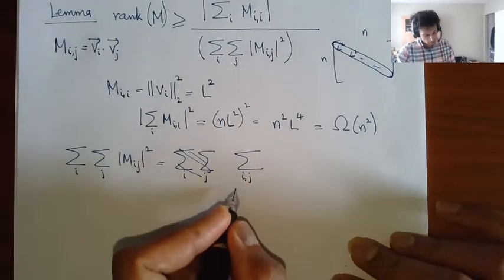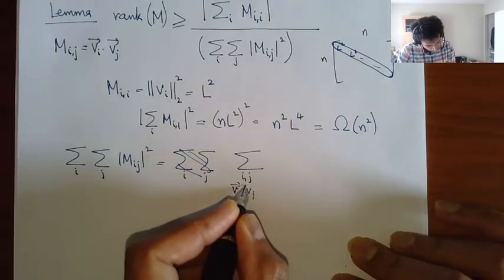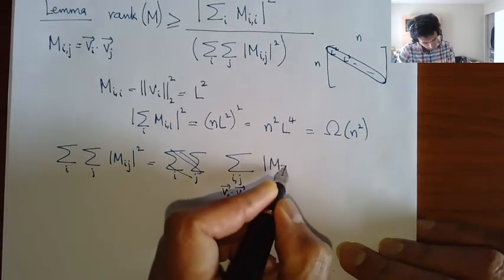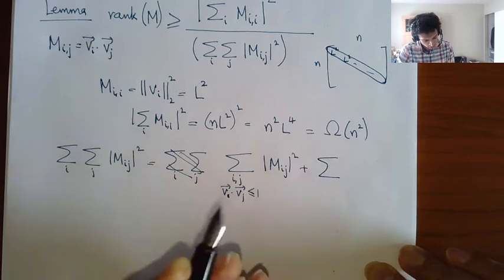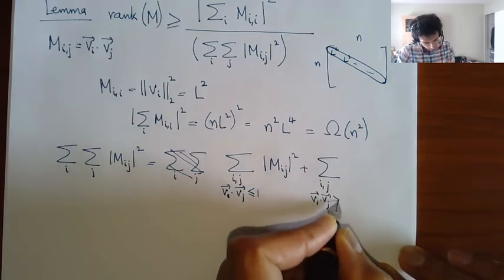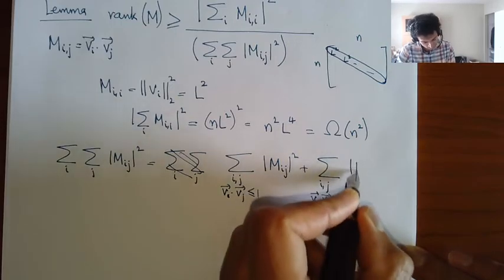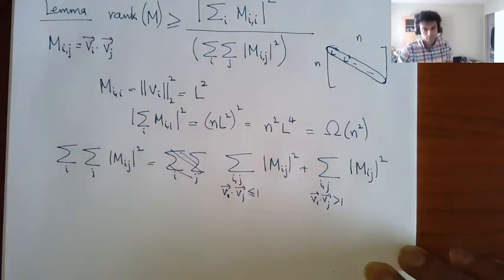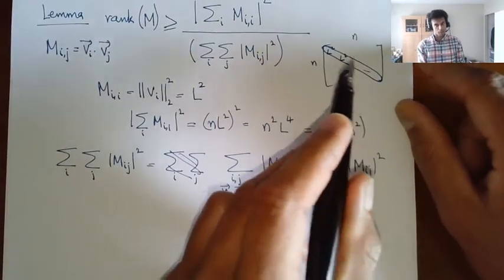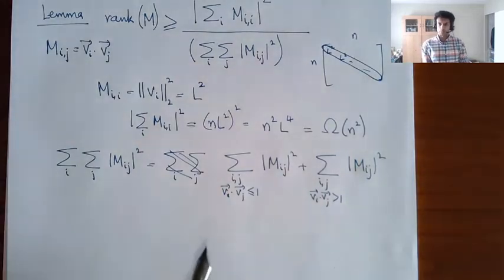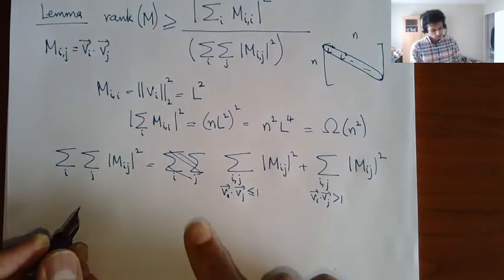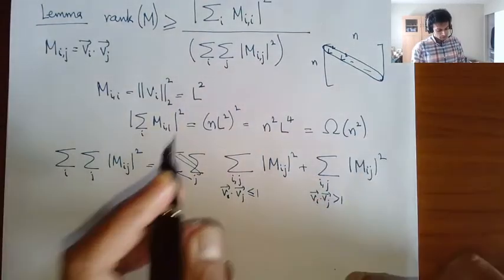I'm going to sum this over all vi dot vj being less than 1 and all vi dot vj being greater than 1. So I simply split the Frobenius norm, the sum of squares of all entries, into two groups: those that are less than 1, and those that are more than 1. So what I get is, let me look at the first sum.